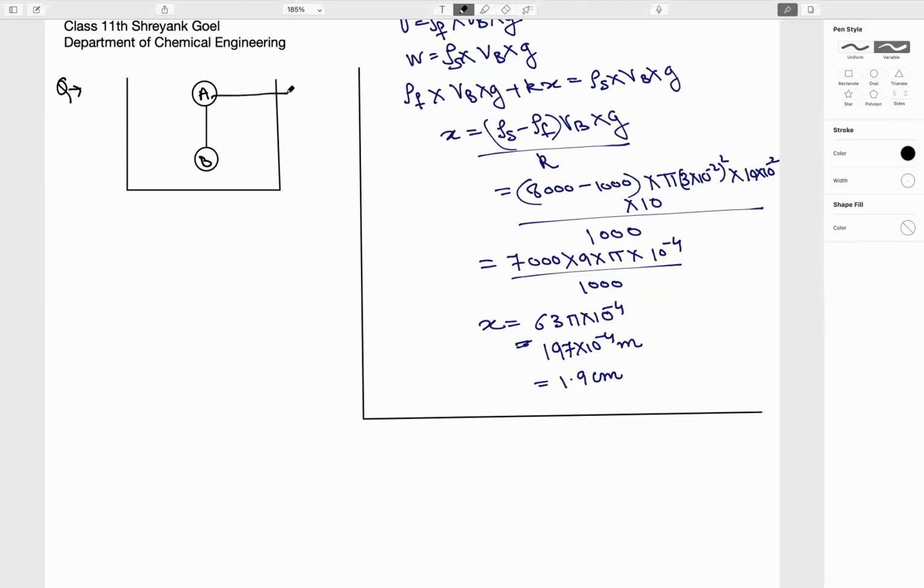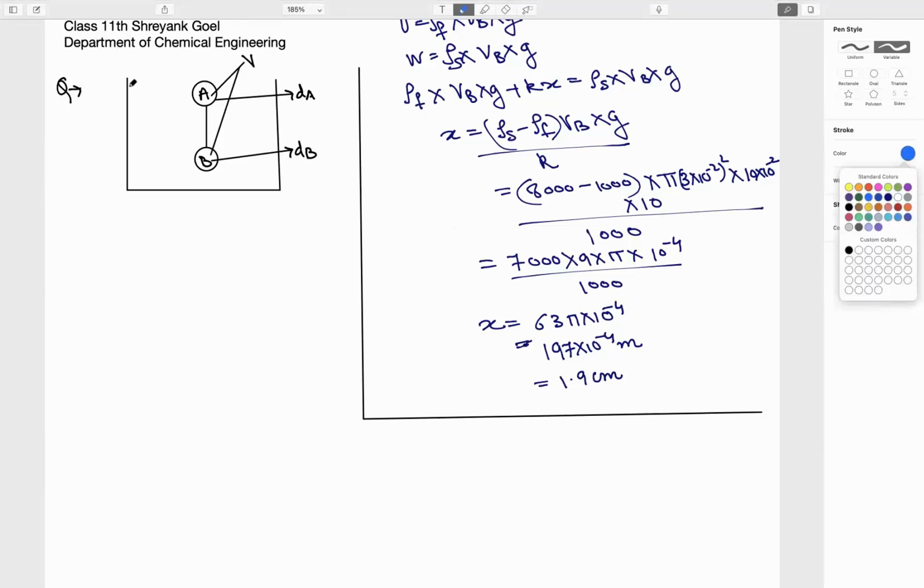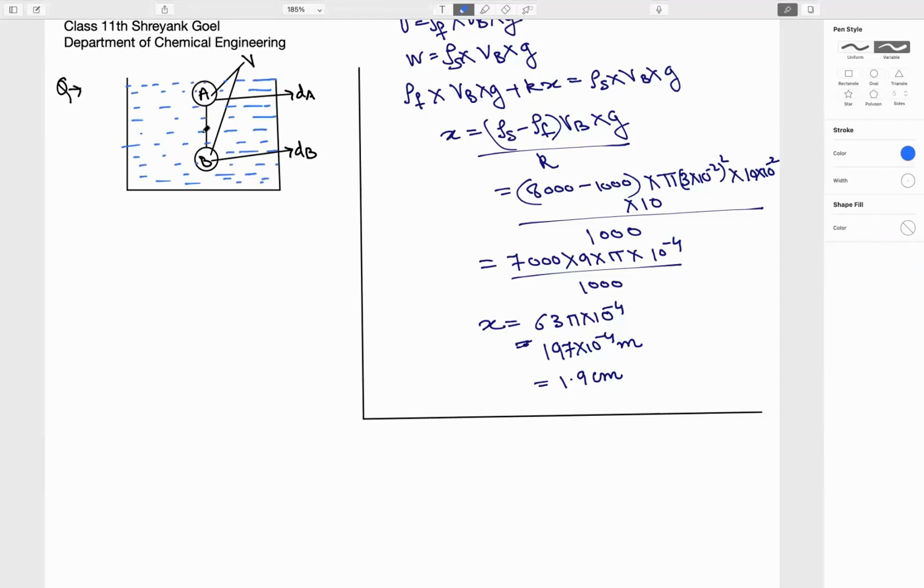Okay. So next question: we have two blocks tied to one string. The density of this block is dA. The density of this is dB. Both have the same volume, and the system is completely immersed in water. This is a massless string.